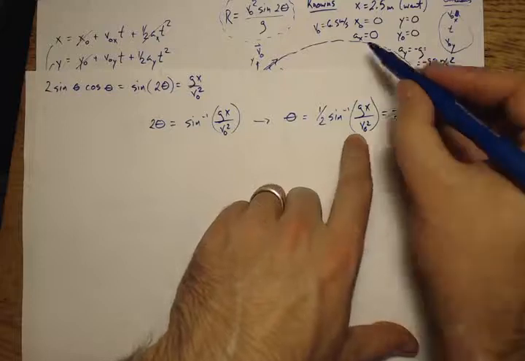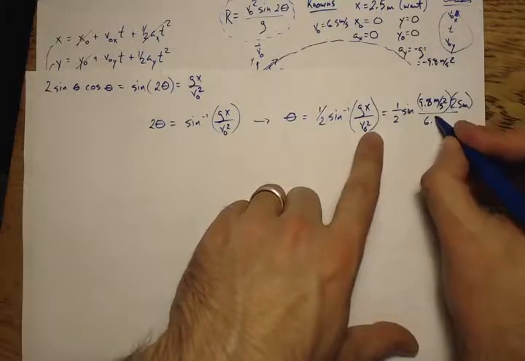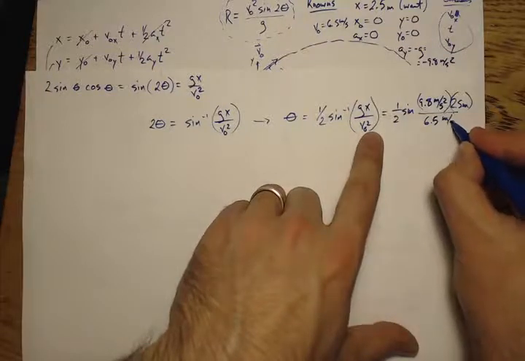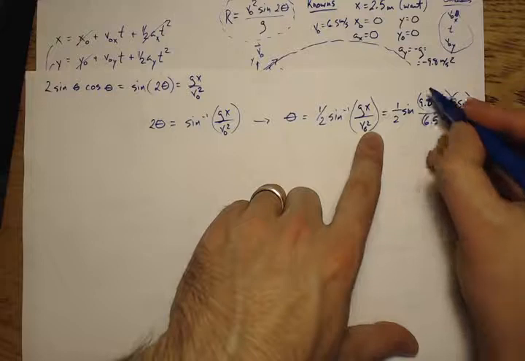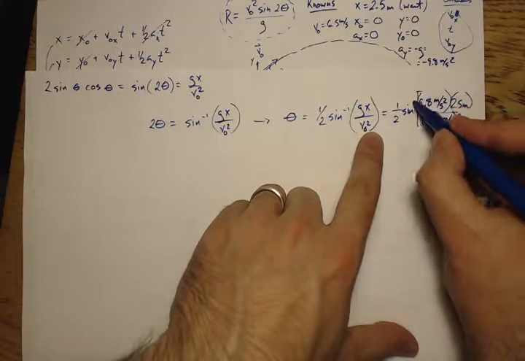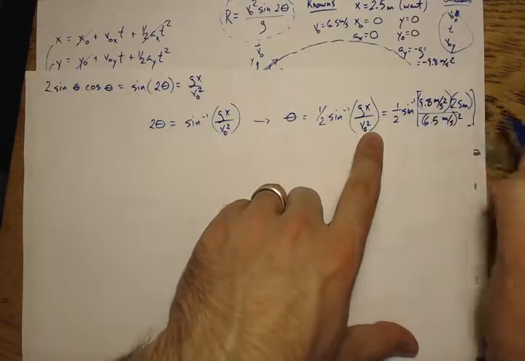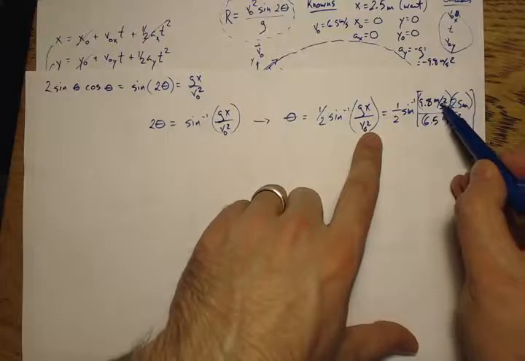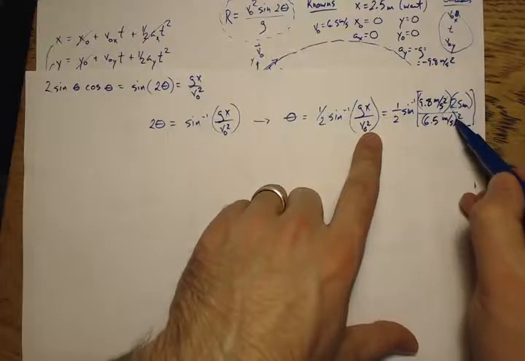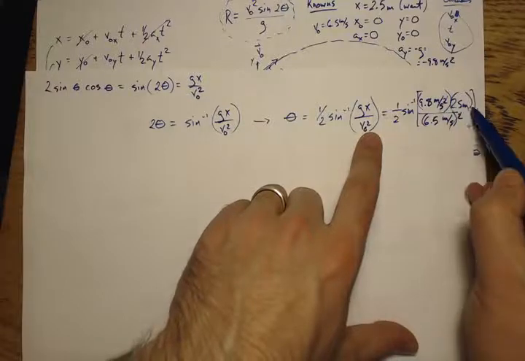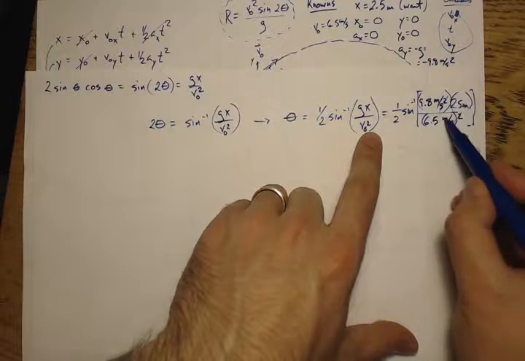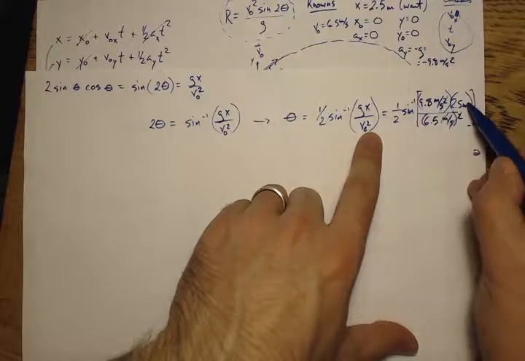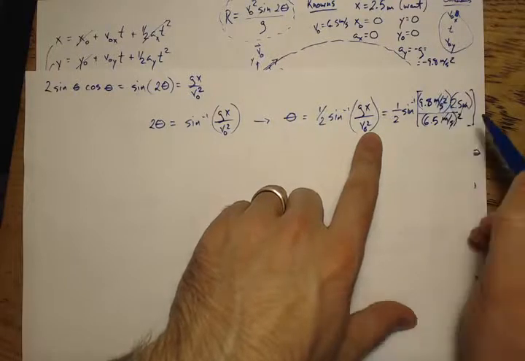And then I've got v naught squared, that's 6.5 meters per second, squared. I'm taking the inverse sine of this. Here I'm going to get second squared on the bottom, and I've got 1 over second squared here, so those are going to cancel out. I'm going to have meters times meters, that's meters squared, and I'm going to have meters squared here, so those will cancel out. So sure enough, I don't have units here, that's what I want.